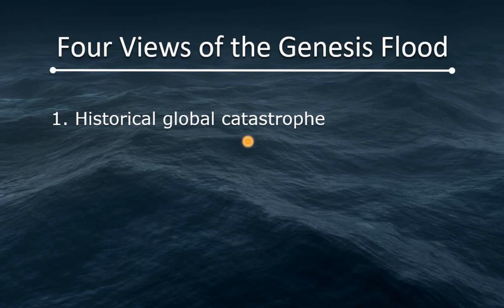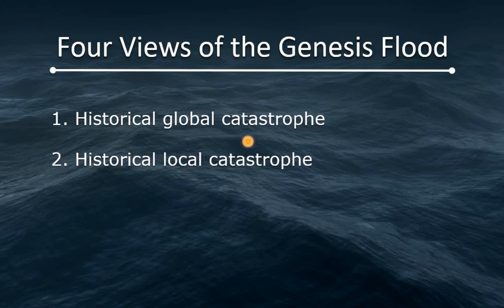This view was a universal belief for the church for the first 18 centuries after Christ. But in the early 19th century, when the idea of millions of years was born, this view began to be rejected. It was replaced by some other views. One of them was called the historical local catastrophe.